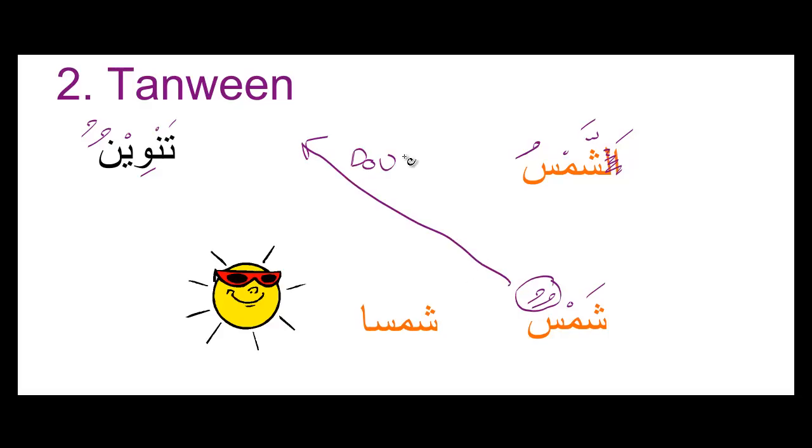So let's write double vowel there. And so you can have two dhammas, you can have two kasras underneath, or when you have two fathas, then what you have to do is add an alif at the end of the word. We'll explain why at the end of this lesson. So you have shams, sun, shamsun, shamsin, and shamsan.